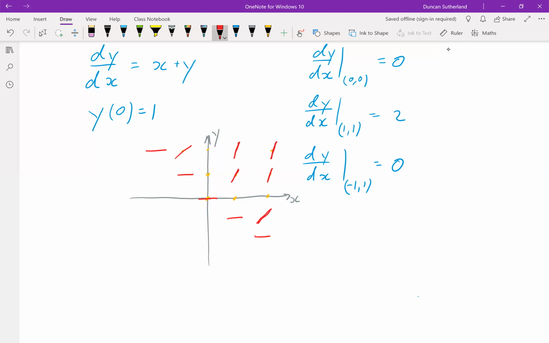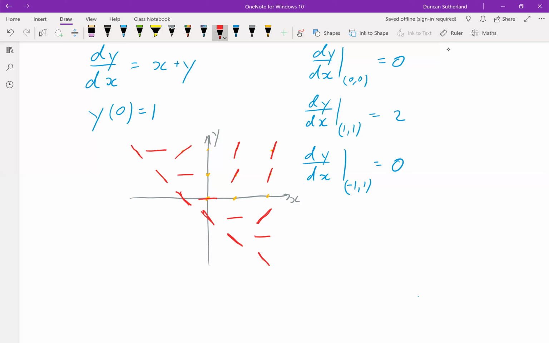So x is 1, y is -2, so that's going to be a slope of -1. At 0, -1, we've got another slope -1. At -1, 0, we've got slope -1. So we have this other line here where we've got slope -1.